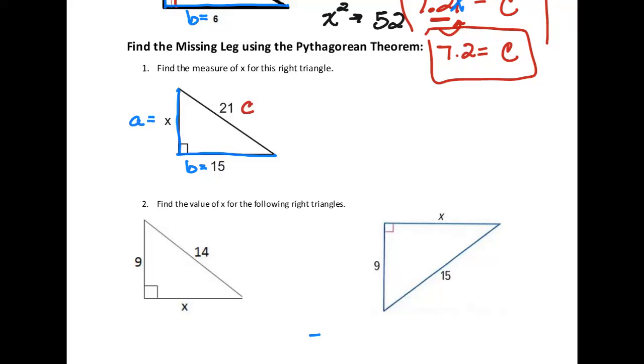So start with the formula, A squared plus B squared equals C squared. Your A value is x squared plus your B value is 15 squared equals C value, which is 21 squared.